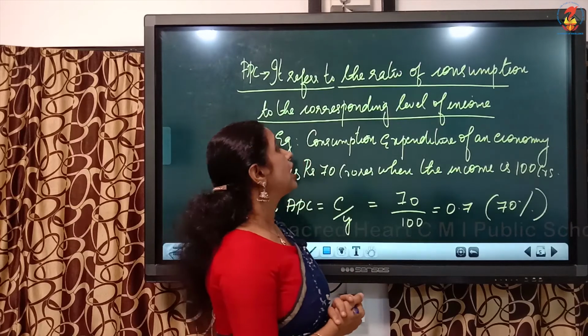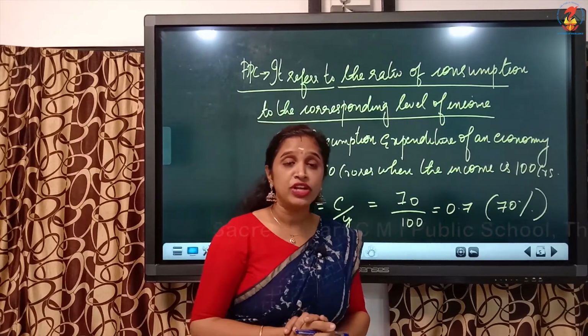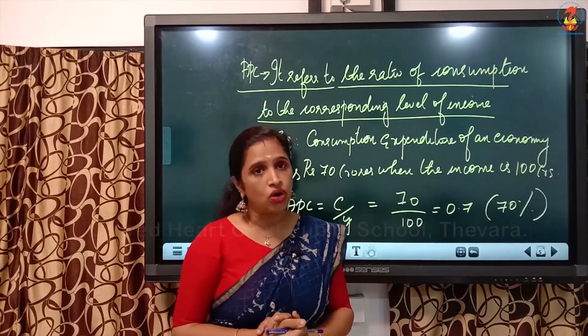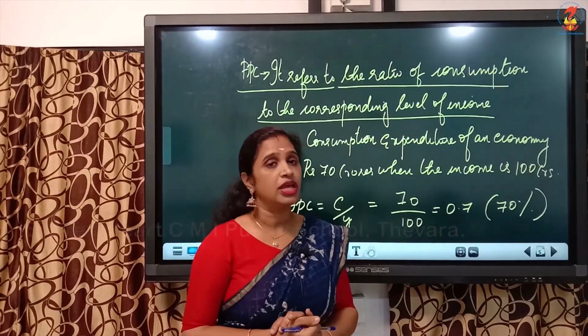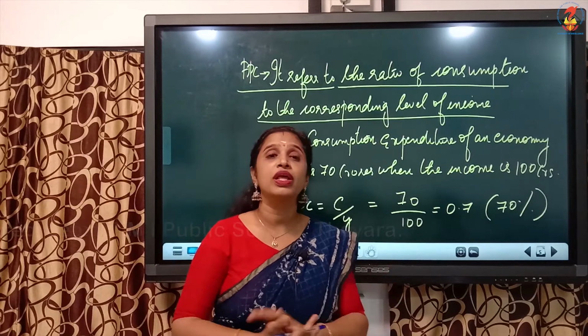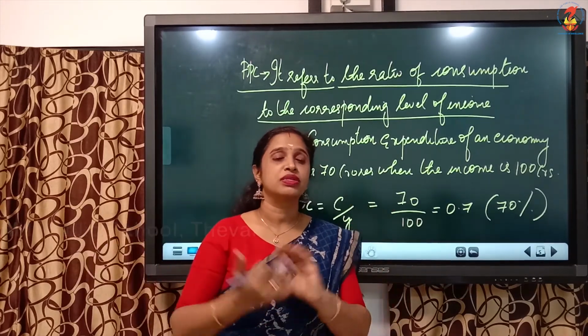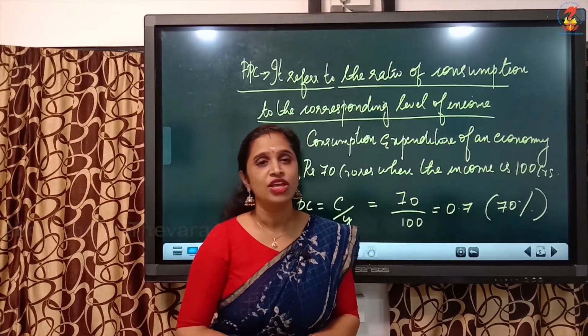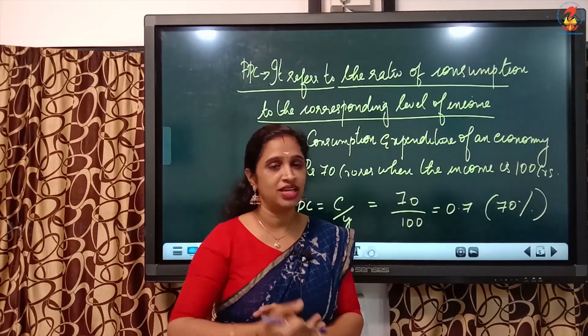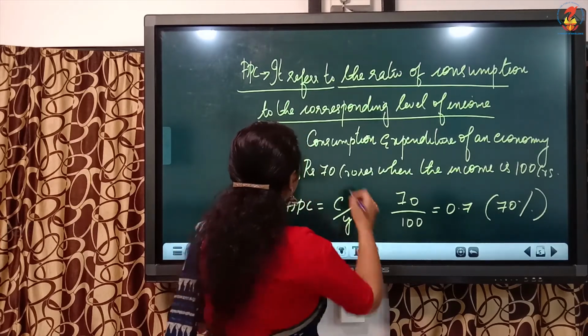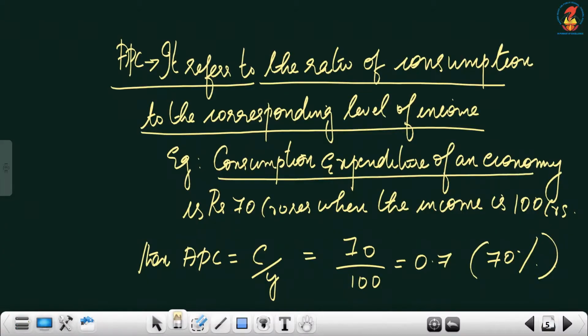So, what is APC? Average propensity to consume refers to the ratio of consumption expenditure to the corresponding level of income. At a particular level of income, what is the consumption expenditure of people in the economy? That is what we find in average propensity to consume. For example, consumption expenditure of an economy is rupees 70 crores.